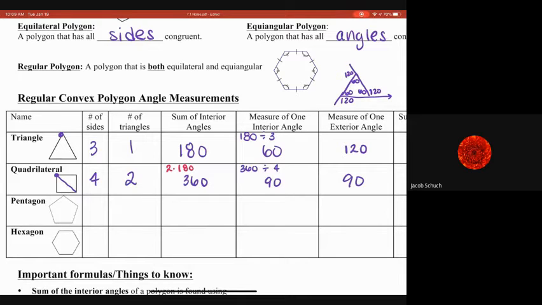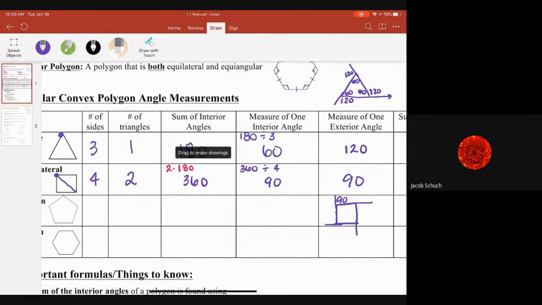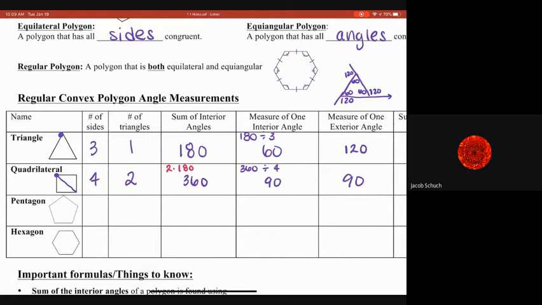That's normally what I do. But if you have like a square or something and you extend all these sides out, okay, right? Each one of these is going to have to be 90 because you're going to have your straight line there. That's where that comes from. One thing, and we write it down at the bottom, so I'm not going to write it up here as well, but the interior and the exterior angle are always supplementary. So if you know one, you can find the other by subtracting from 180.